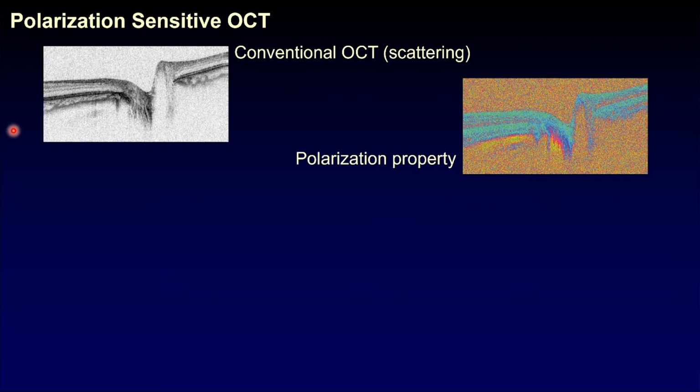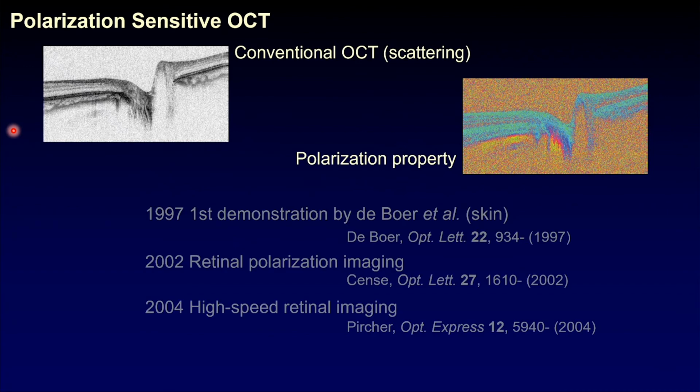Let me show some history of PSOCT. The first demonstration of PSOCT was done by the group of Massachusetts General Hospital, Professor Johannes de Boer, okay? And then in 2002, the same group applied this technique for posterior eye retinal imaging.